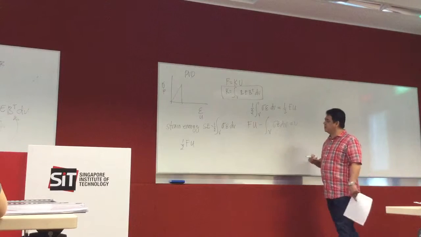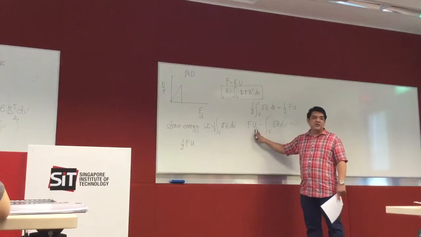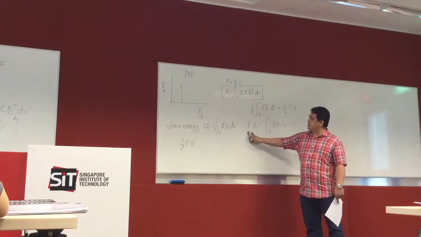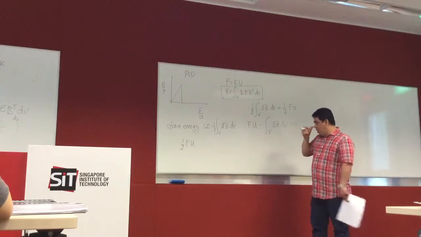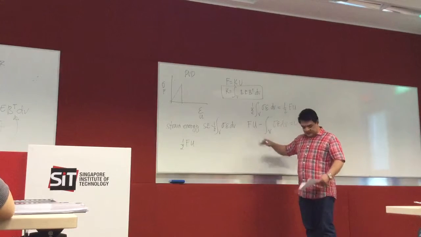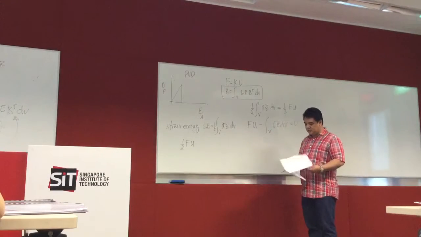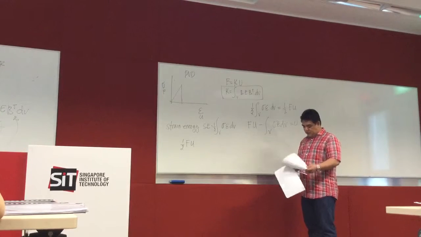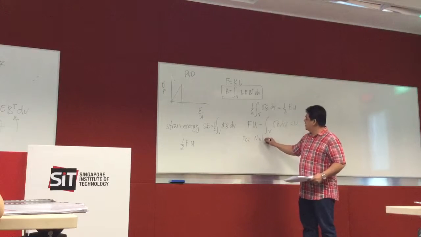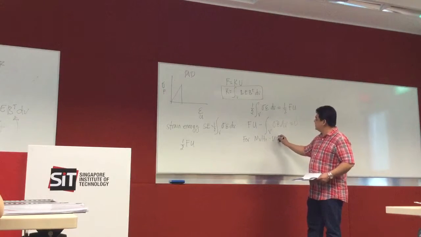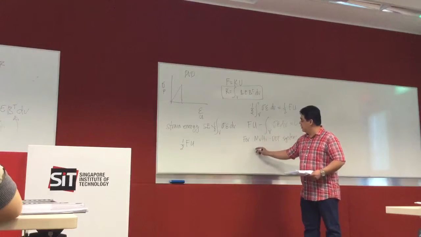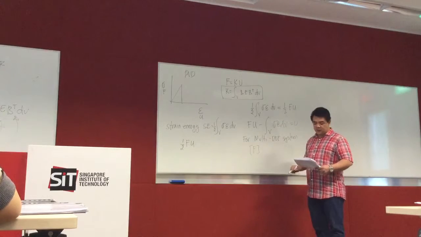If you have a multi-degree of freedom, this one becomes a vector and this one also becomes a vector. Right? This one is just for so-called one-dimensional. If you have a multi-degree of freedom system, then this one becomes two vectors. So for a multi-degree of freedom system, you have this one to be a vector.